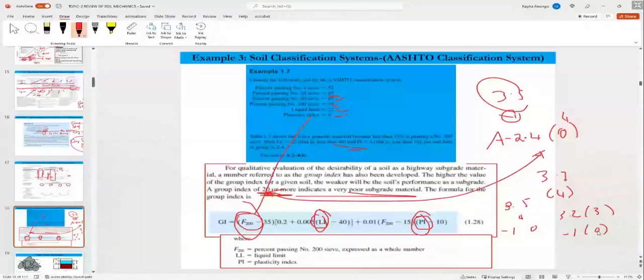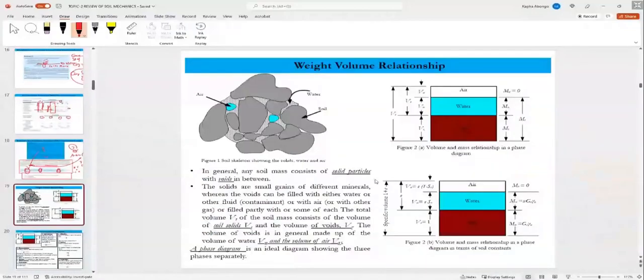Okay, let's do the phase index. Soil in itself contains three things: solids, water, and air.